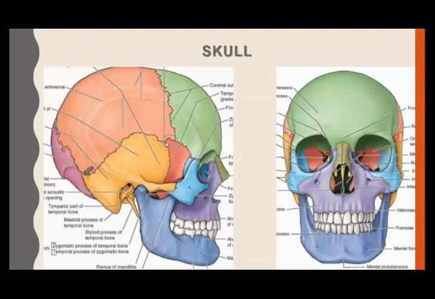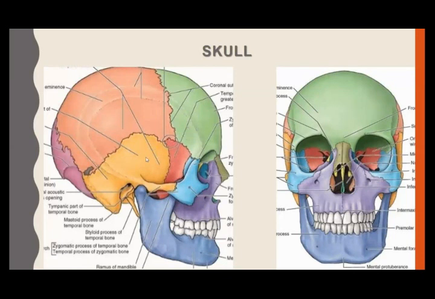Okay, this is extremely important because when a fracture happens over here, if one of these bones at this level is fractured, it may damage the artery that is running deep to it, artery and vein running deep to it.